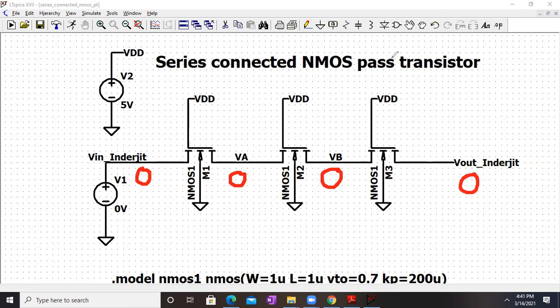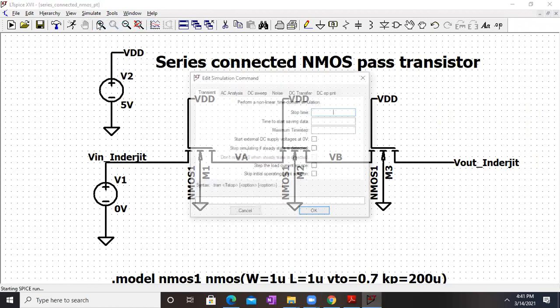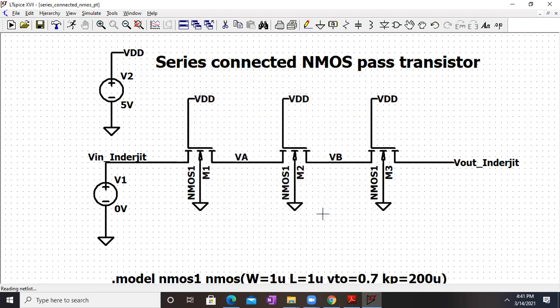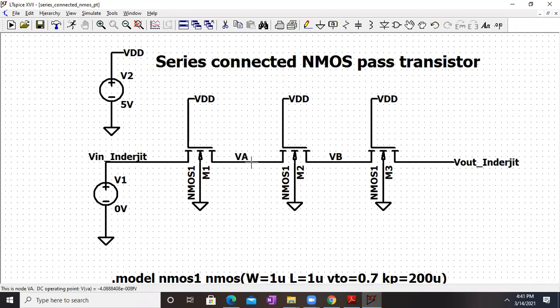Okay, so let us start now. Let me clear out the drawing and simulate. You connect the circuit, click on run, and click on DC operating point. The DC operating point will give all the values over here. It's not so hard to determine, but what we do is we'll have a node voltage.